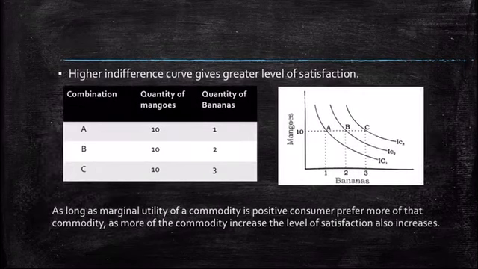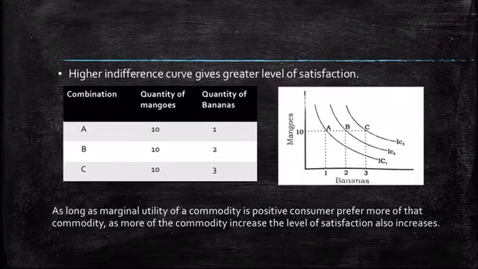The next feature of indifference curve says that a higher indifference curve gives a greater level of satisfaction. We have already discussed this under monotonic preferences. Yes, it is true that whenever the consumer is moving from one indifference curve to a higher indifference curve, his satisfaction level increases.